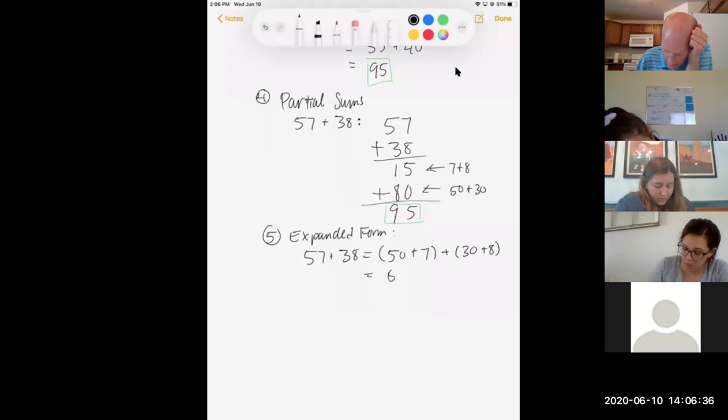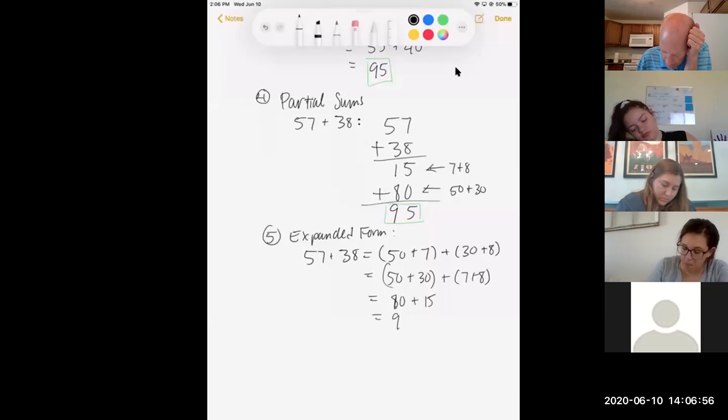Okay, so I group the tens together. 80 and 15 makes 95.